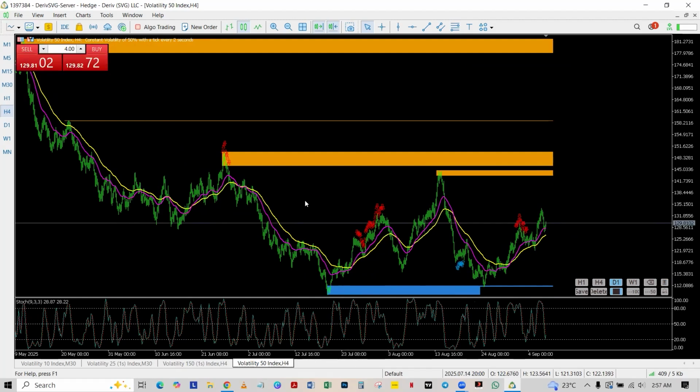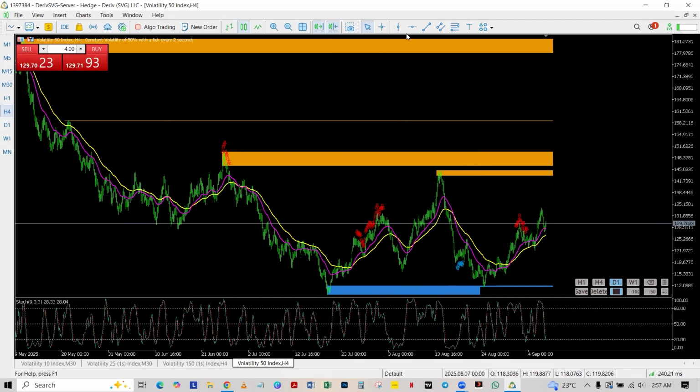Like I mentioned, the volatility 50, this was our previous high. It got broken, then retraced downwards and broke this previous low also. So I'll be expecting that price would drop lower. If peradventure price does not drop lower, then I'll sit on my hands.